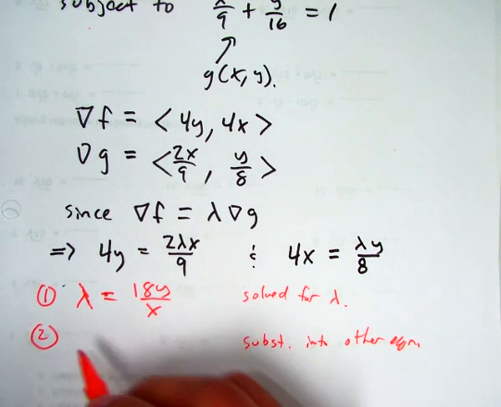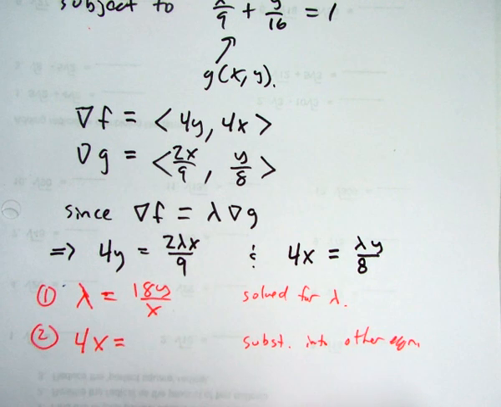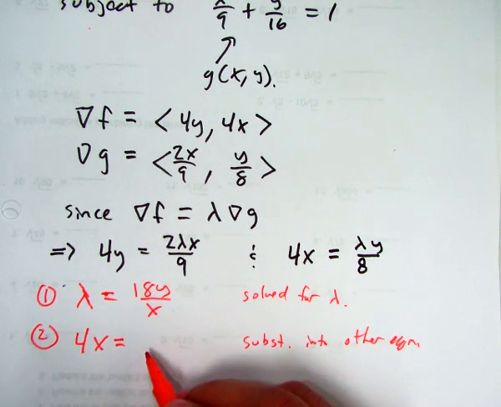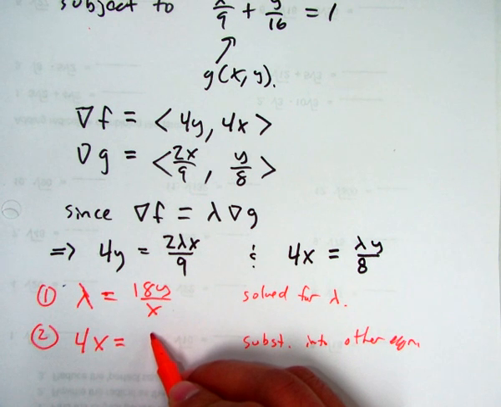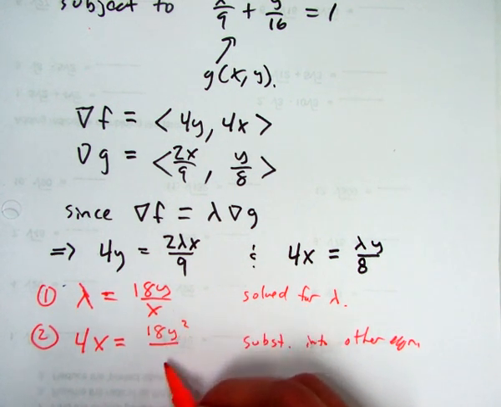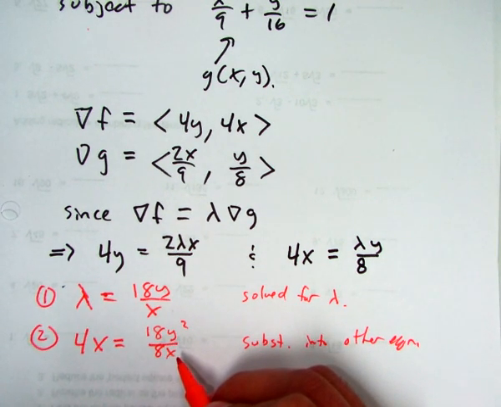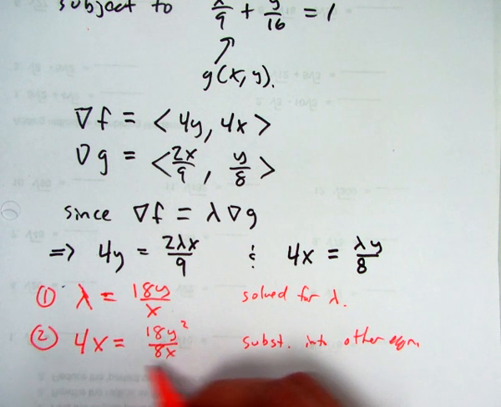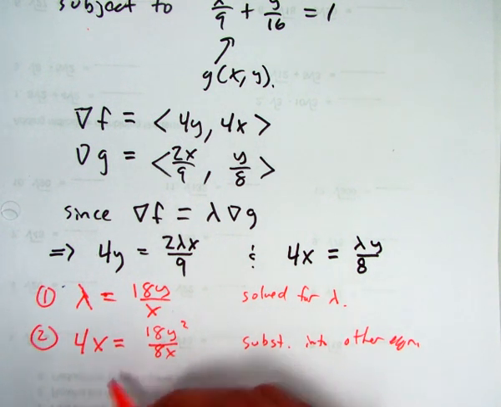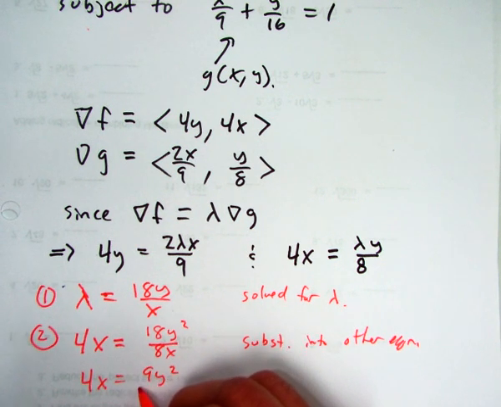So we get 4x has to equal, what would that be? 18y squared over 8x. We can reduce that. Divide by 2.